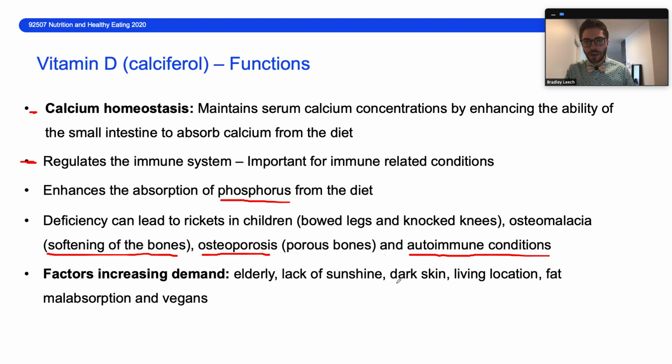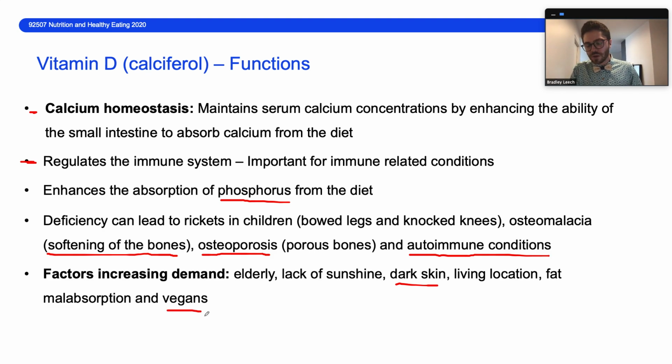As I mentioned earlier, dark-skinned individuals will require longer periods of time in the sun to obtain the same amount of vitamin D as those like myself who are quite pale. Living location: if you're living in New Zealand, the UK, Europe, or North America, you won't be able to obtain vitamin D year round.